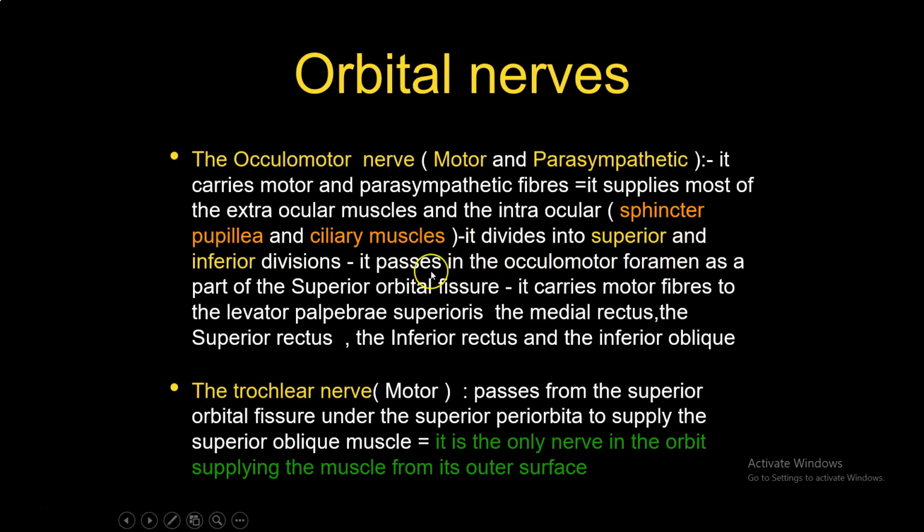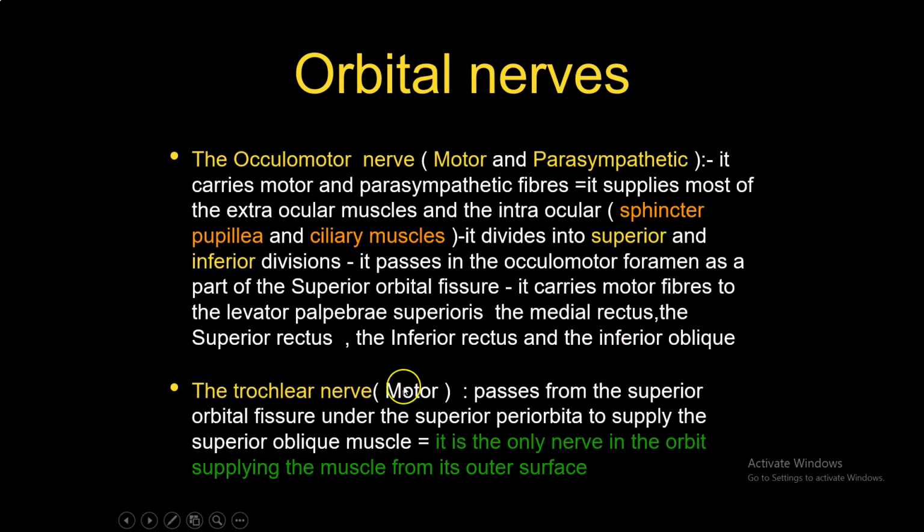So a part of the fissure is included inside the annulus of Zinn, called the oculomotor foramen, because it contains the superior and inferior divisions of the oculomotor nerve, and it carries motor fibers to all the extraocular muscles of the eye except the superior oblique and lateral rectus, which are the levator palpebrae superioris, the medial rectus, superior rectus, inferior rectus, and the inferior oblique.